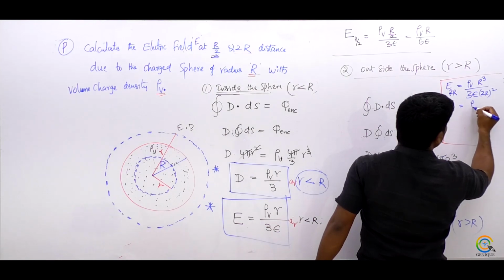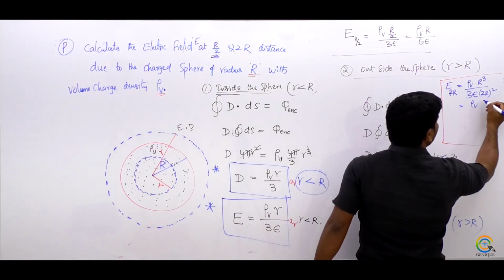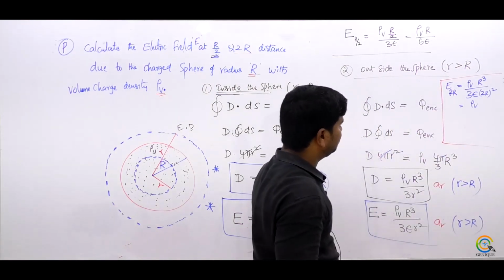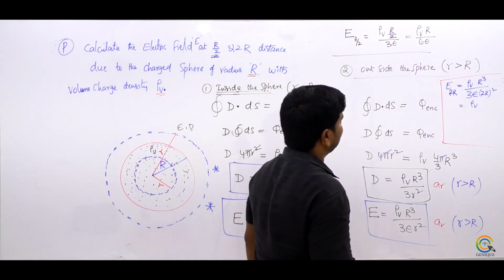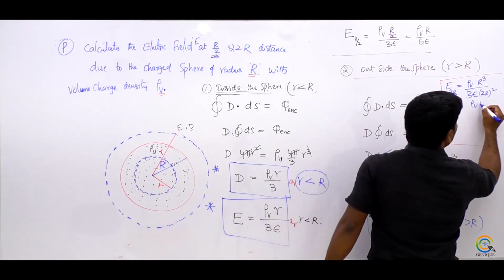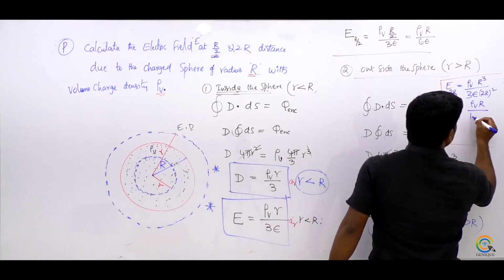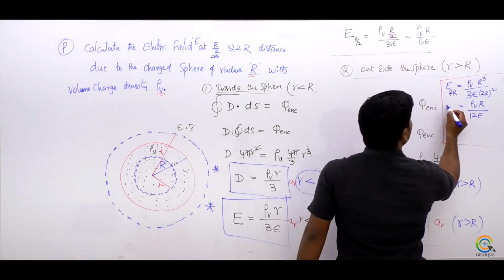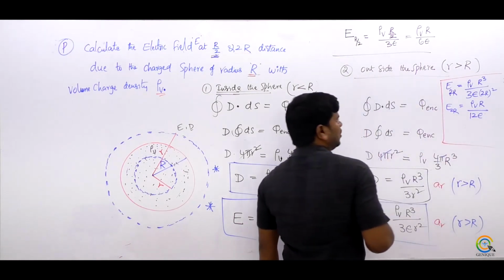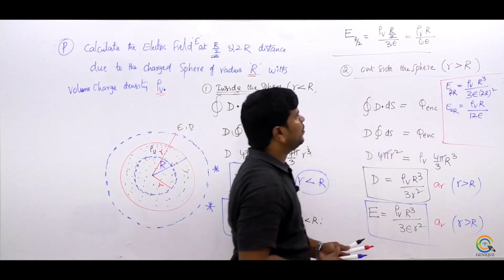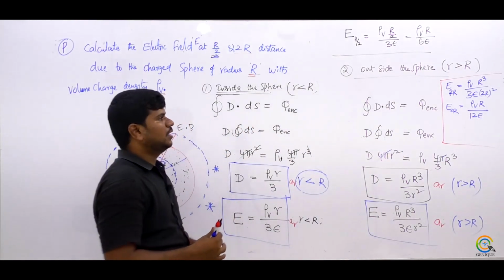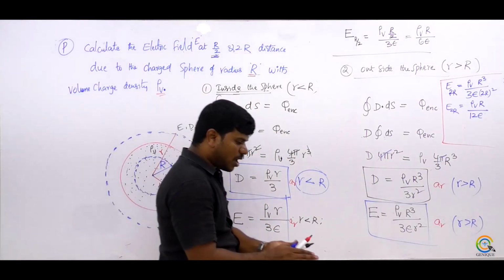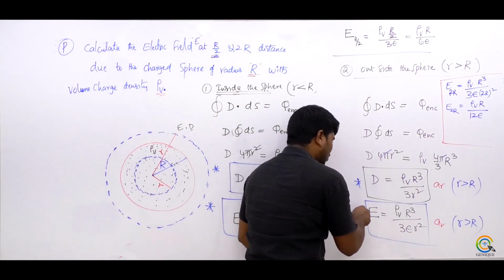So this will be rho v R divided by 12 epsilon. So this is E at 2R, and this is the answer: rho v R divided by 12 epsilon. So for the given question, the answer is completed, and these star mark relations are very important.